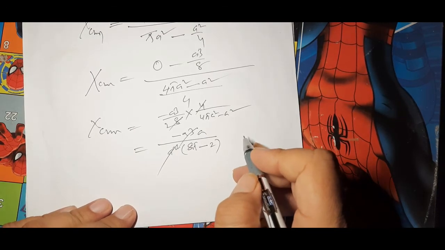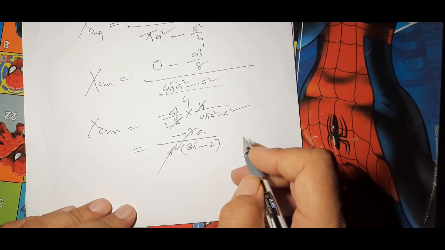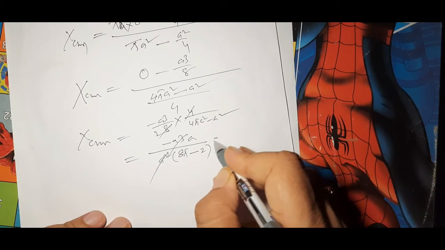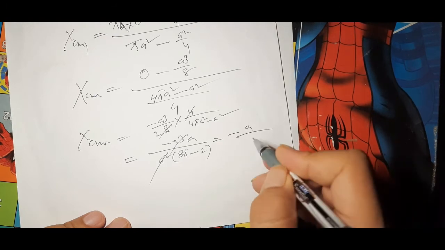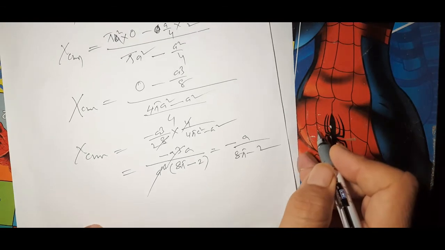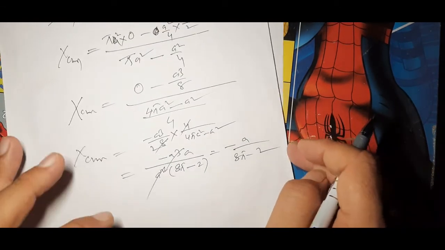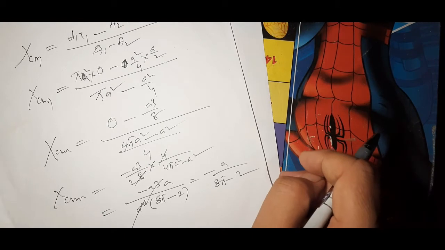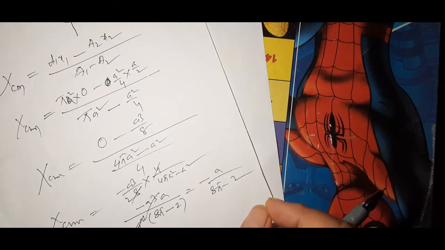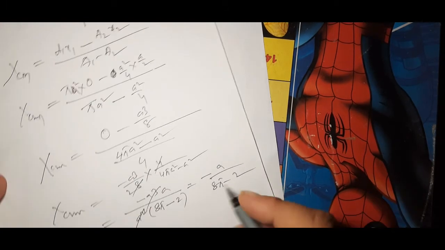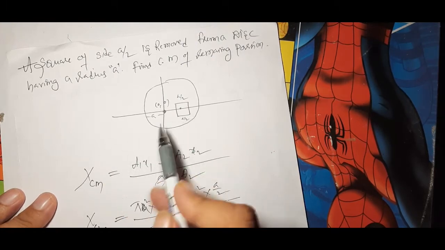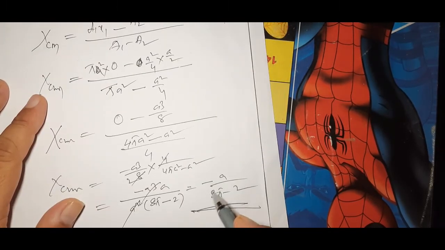Here we get minus A by 8 pi minus 2. So this is the final answer. The center of mass is shifted towards the left of this, that's why the negative sign occurs.